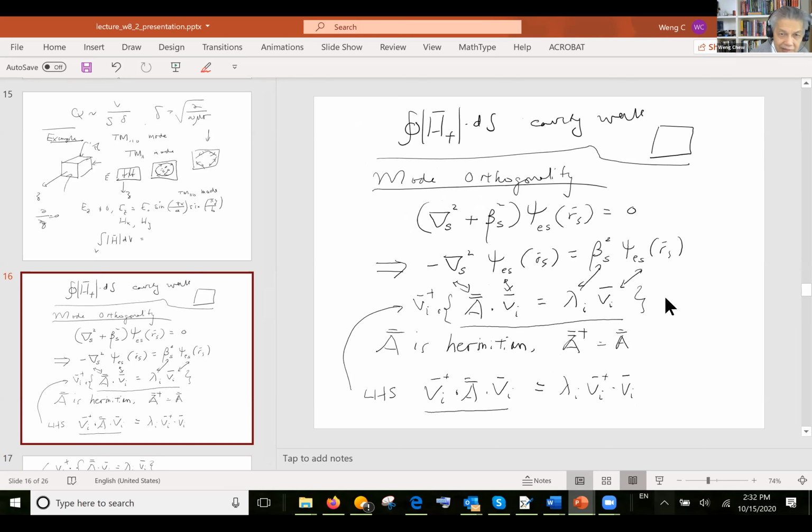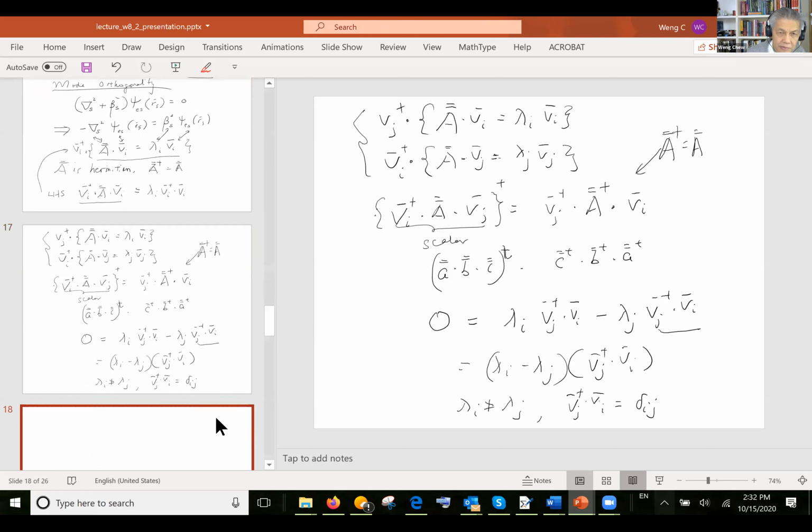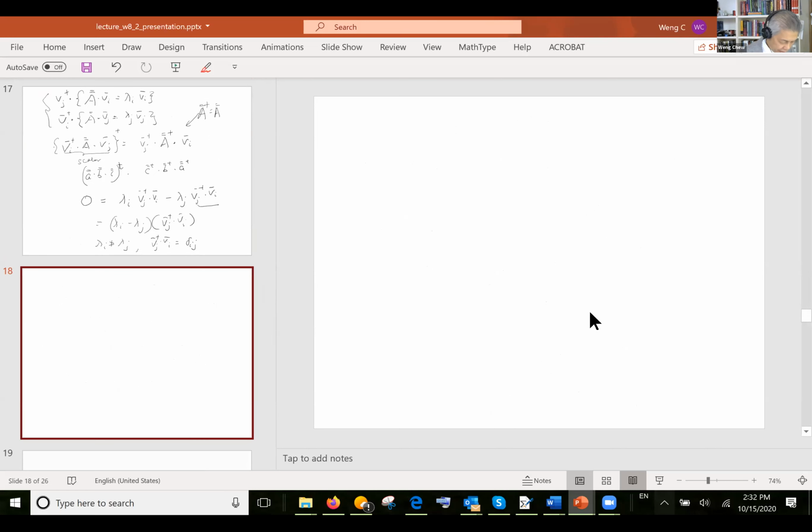I like to draw this parallel, but I probably have not convinced you that this operator is Hermitian. It takes quite a bit of doing, but I can provide you with the proof in the lecture notes.